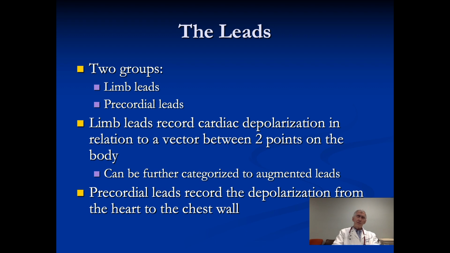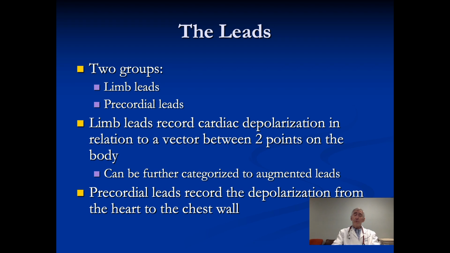So the lead systems that you're going to learn are the limb leads and the precordial leads. They were placed there to give us a sense of where the flow of electricity was going or any abnormalities morphologically or intervals that we're going to look at later. The limb leads are the ones that we put on the left arm, the left leg, and the right leg.